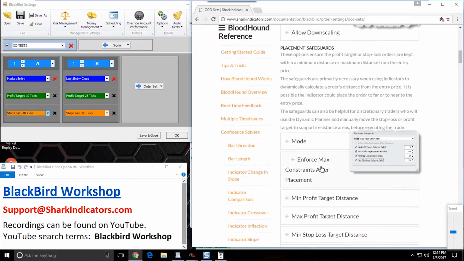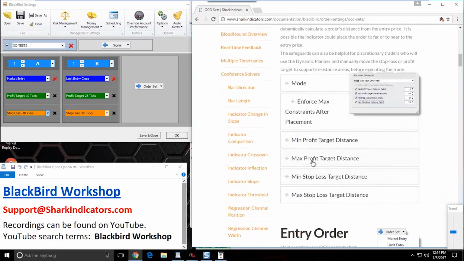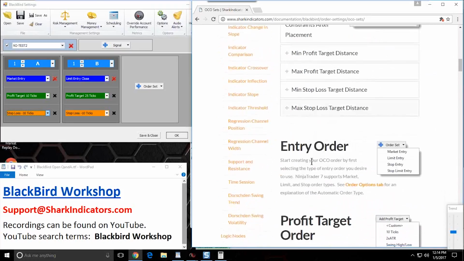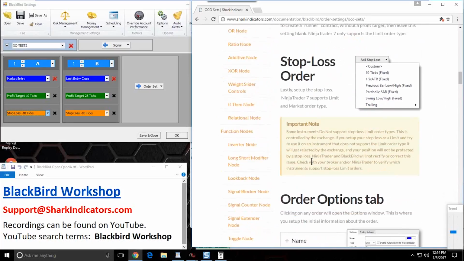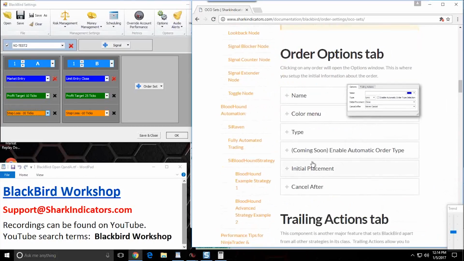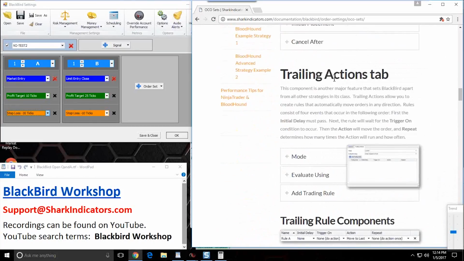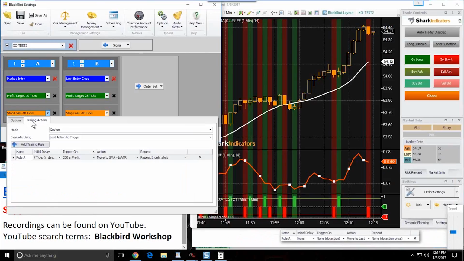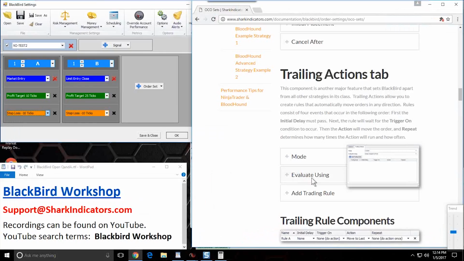We can just keep scrolling down. So here's the trailing actions tab.